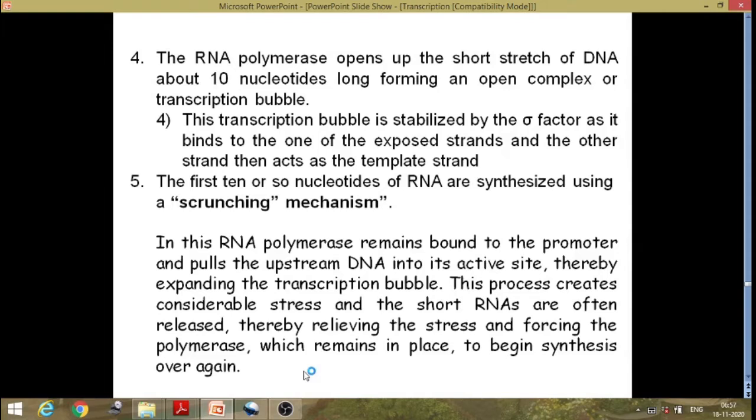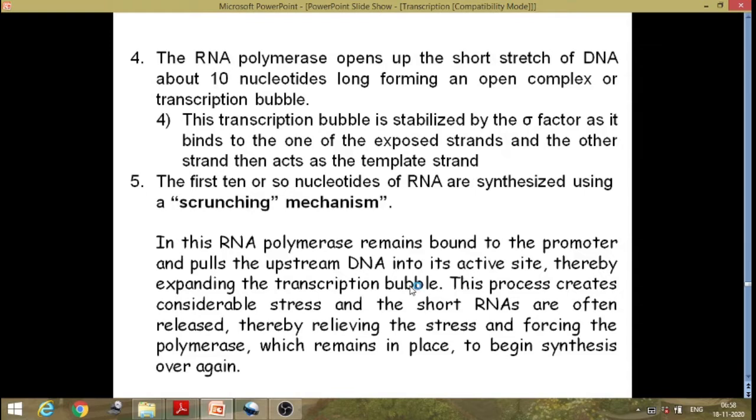So what happens in the scrunching mechanism? The sigma factor, as it stabilizes the transcription bubble, binds very tightly to the exposed strands, and because of that, RNA polymerase remains bound to the promoter and cannot move along the DNA. So the RNA polymerase remains bound to the promoter and pulls the upstream DNA into its active site.